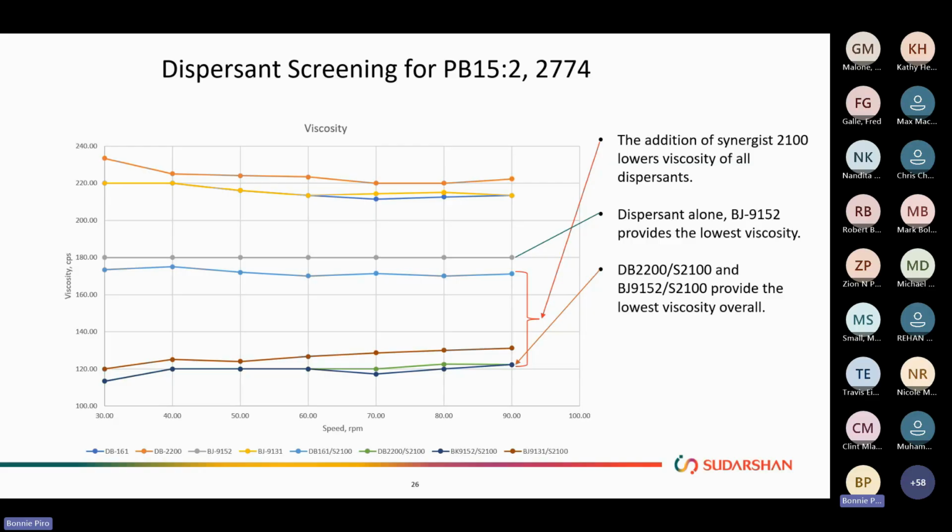So we're really just looking at the performance of the dispersant itself, the polymer choice itself, as it relates to this particular pigment. The other thing that I added to this study was to look at dispersants alone, as well as in combination with a synergist. And the end result is, definitely the combination of the two is the best in terms of rheology, giving you the lowest viscosity that is available.